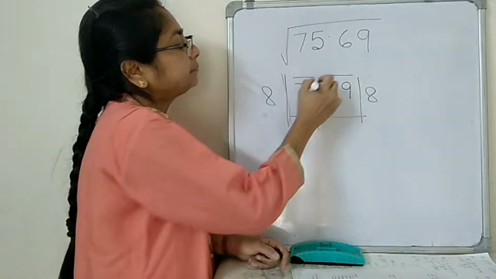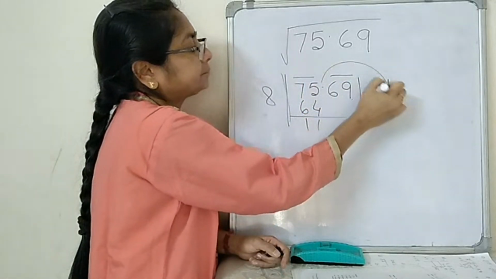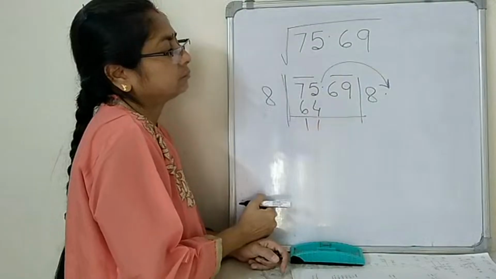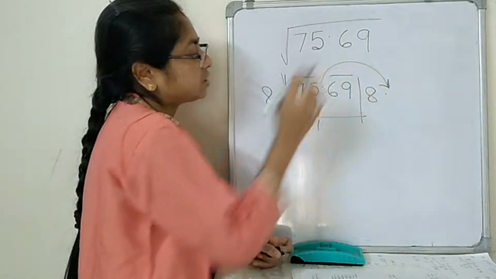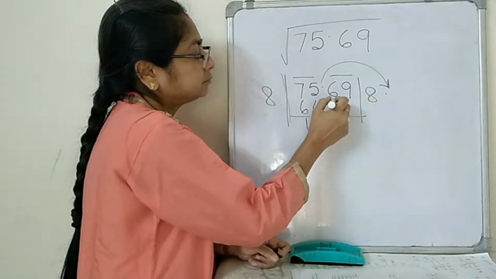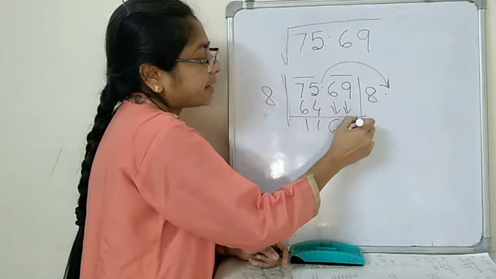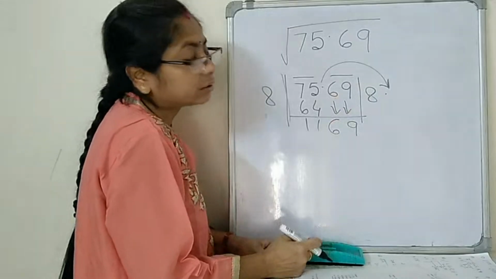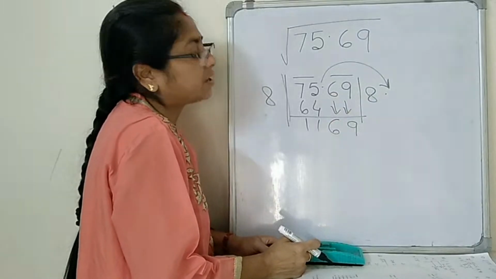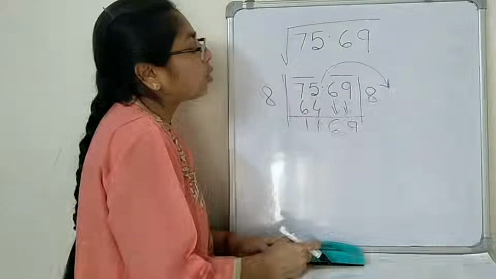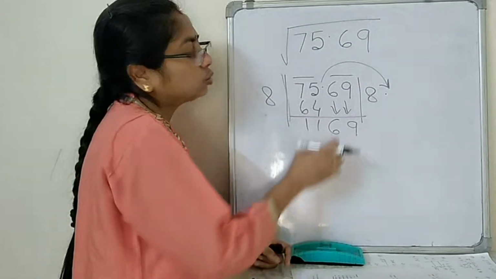The second step is to put the decimal here, the decimal shift. Third step, bring down 69. Why use 69 at a time? Because it is not a normal decimal division. It is a square root, so at a time we bring down 2 digits.